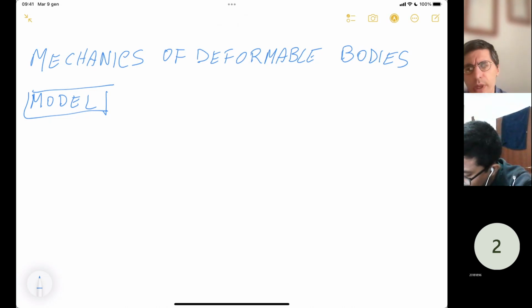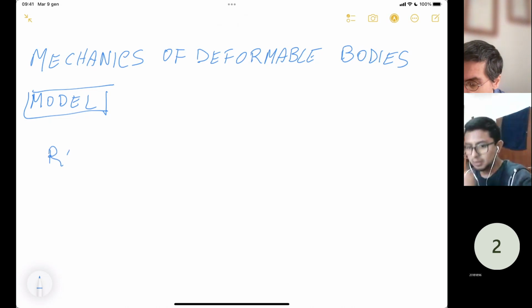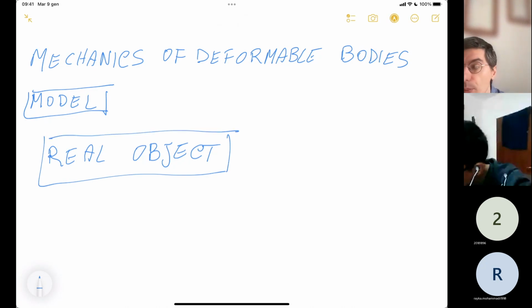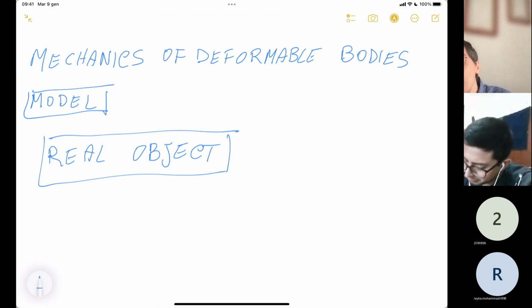So, in order to build a model, first of all, we have to consider a real object, to study and observe this real object, in order to understand what kind of simplification we can make, and what we want to describe of this real object in order to make a model.